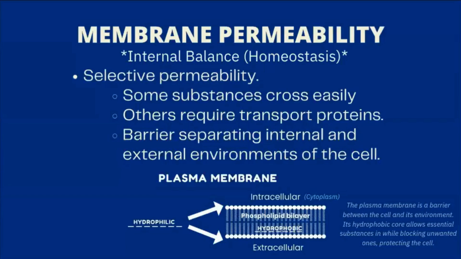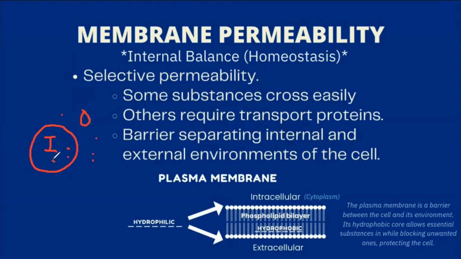Let's talk about the reason why glucose was stopped at the door of the cell, essentially. When we have cells, we have an enclosure that separates the inside of the cell, with all the organelles, from the outside of the cell, which can be other cells or an external environment that contains other substances.